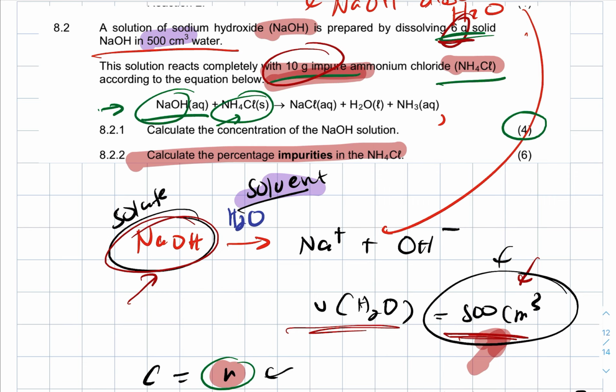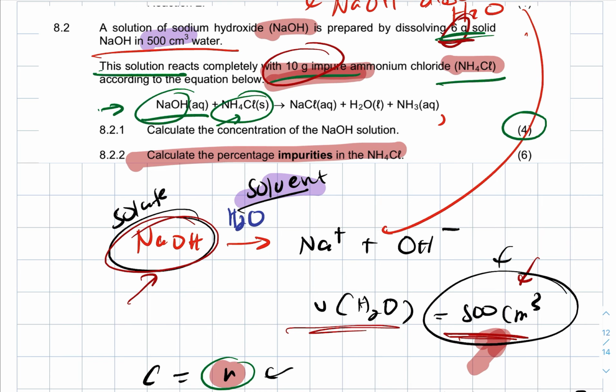Go up and read the question. A solution of sodium hydroxide is prepared by dissolving 6 grams of solid sodium hydroxide in 500 cubic centimeter of water. Now this solution reacts completely with 10 grams. That solution, meaning that the same number of mole are the one that reacts with the ammonium chloride, because from this solution is where we found the solution which has a concentration of 0.3, with the number of mole of 0.15 mole.